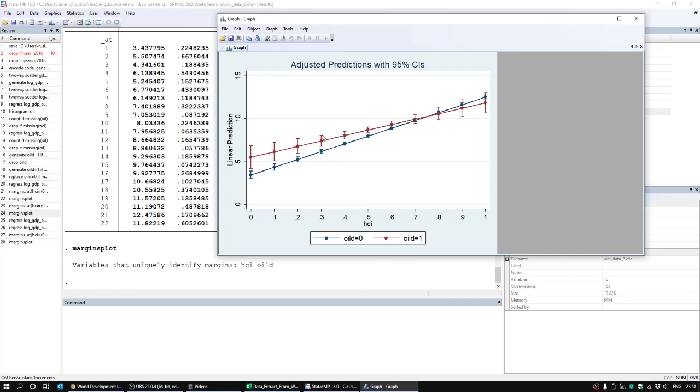The effect is smaller. The effect of human capital index on log GDP per capita is smaller in oil-rich countries, right? So this is one example, and I just came up with these indicators here.